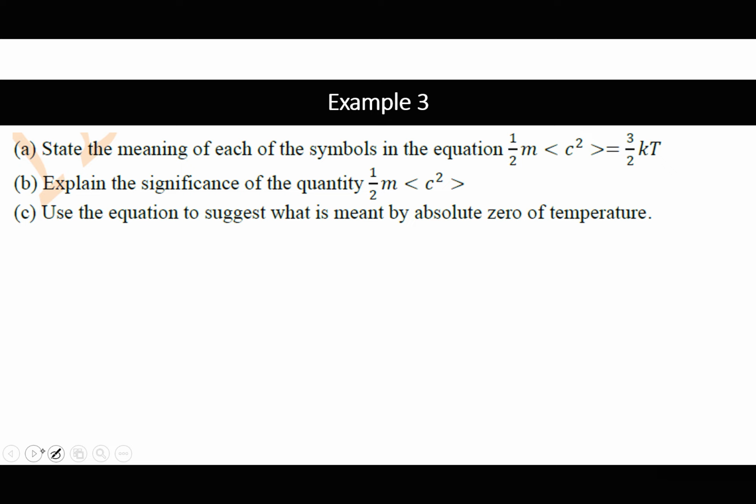Okay, so m, we are starting with that. m is the mass of the molecule of the gas. Then k is Boltzmann's constant.